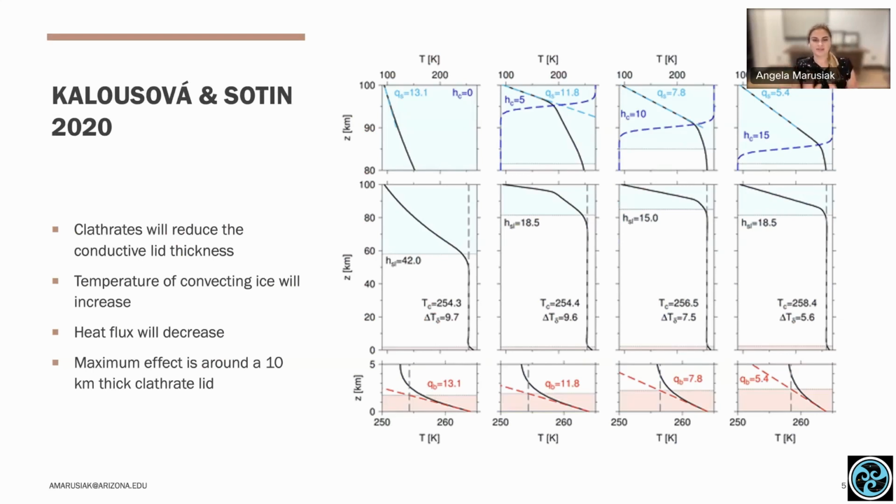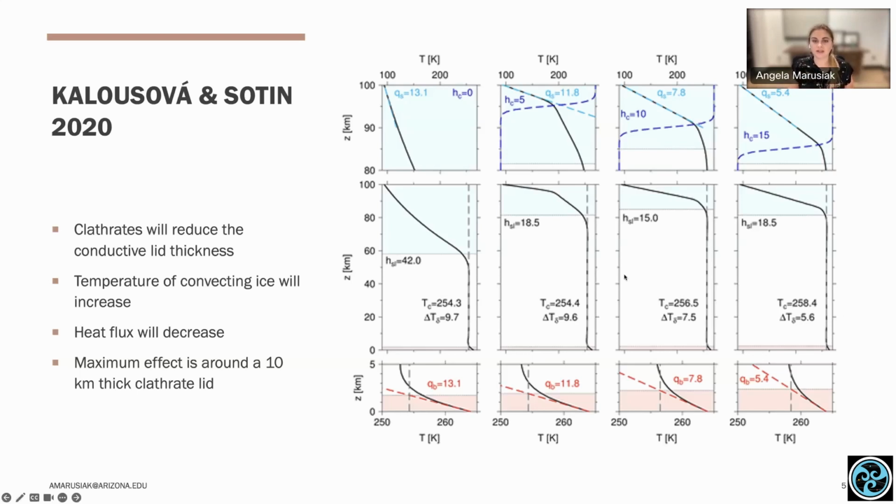I absolutely love this figure that they did. I use it a lot in my own work. One of the somewhat surprising attributes is that the clathrates have a maximum effect when they're 10 kilometers thick on top of the ice shell.